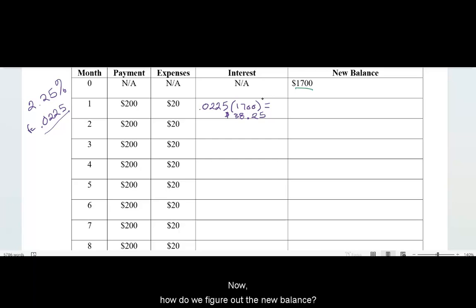Now, how do we figure out the new balance? Well, we're starting off with the old balance, which is the previous one. So that's $1,700, and just for room, I'm not going to put the dollar signs in. Minus the $200 payment you just made, plus that $20 charge you're doing every month. So we subtract the payment, but we add that charge. But then we also need to add the interest.